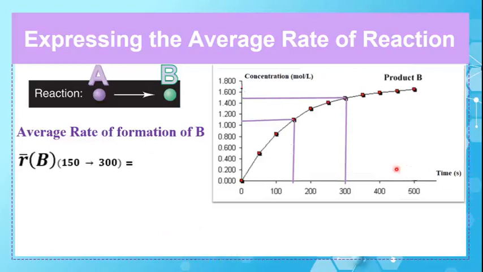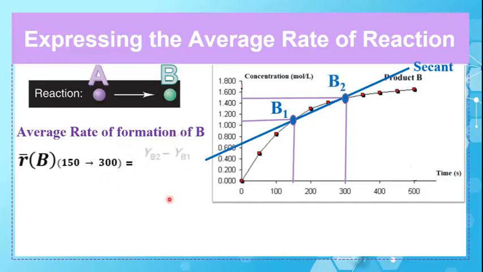If we join these 2 points drawn on the graph together, we will obtain a straight line that cuts the curve in 2 points B1 and B2, and the average rate of formation of B will be equal to the slope of this secant, which is the difference of the ordinates of these 2 points over the difference in their abscissas.